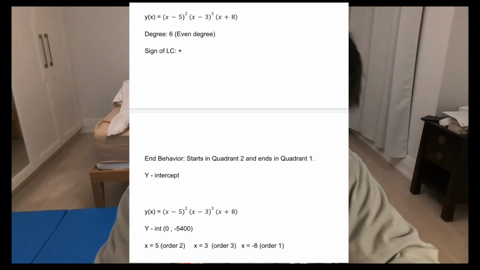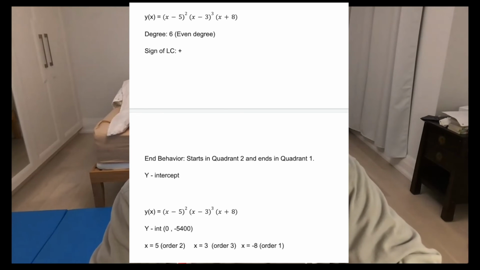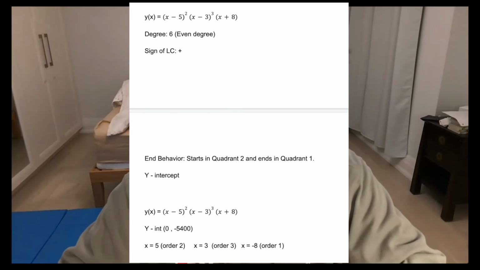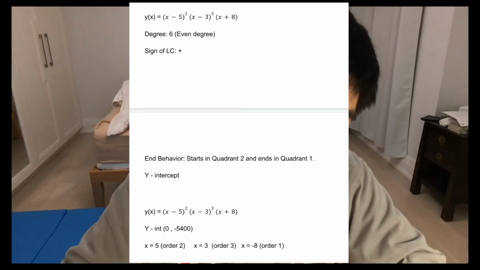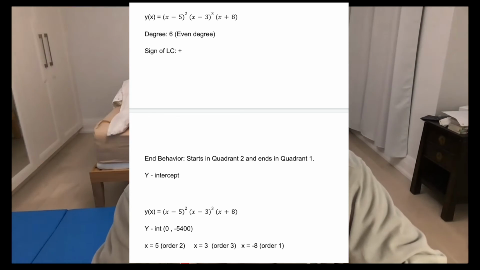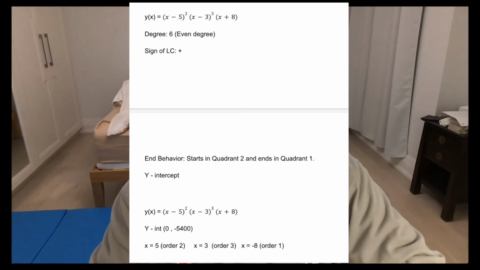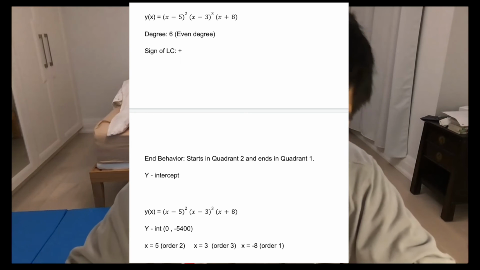The order for x equals 5 is 2 because the exponent is 2 for x minus 5. The order for x equals 3 is 3 because the exponent is 3 for x minus 3. And the order for x equals negative 8 is 1 because the exponent is 1 for x plus 8.